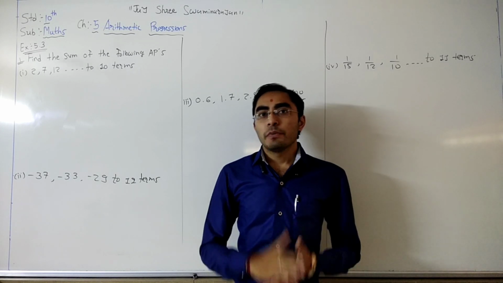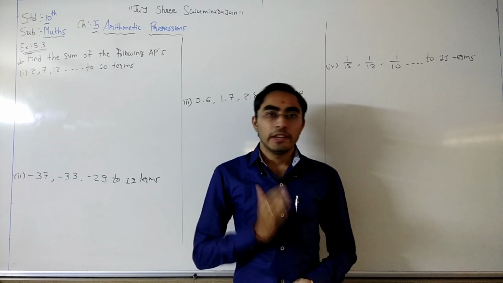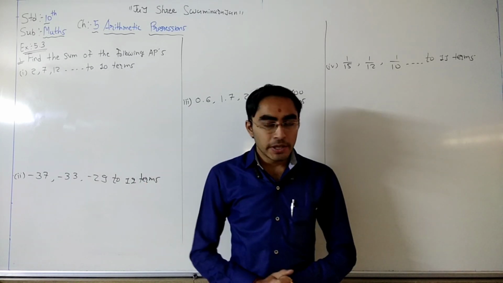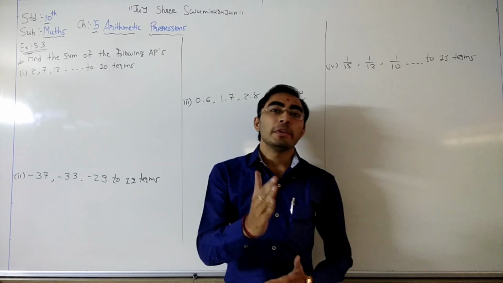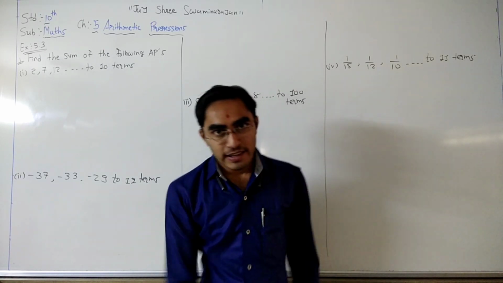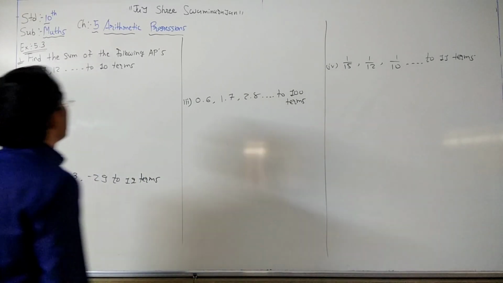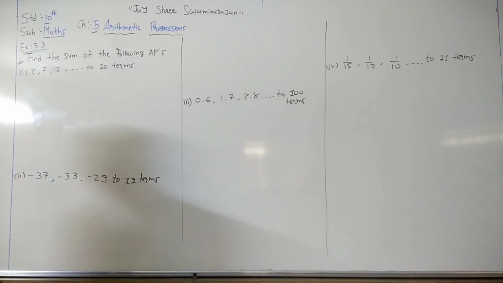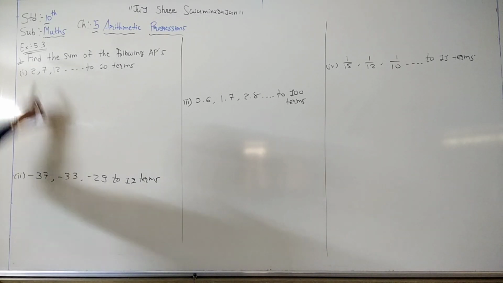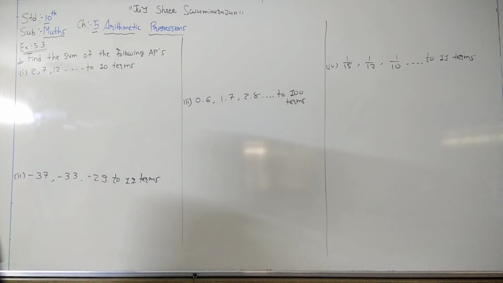In this video, we start our new exercise 5.3. Just be ready, open your mind, let's start it. First of all, read question number 1: find the sum of the following APs.